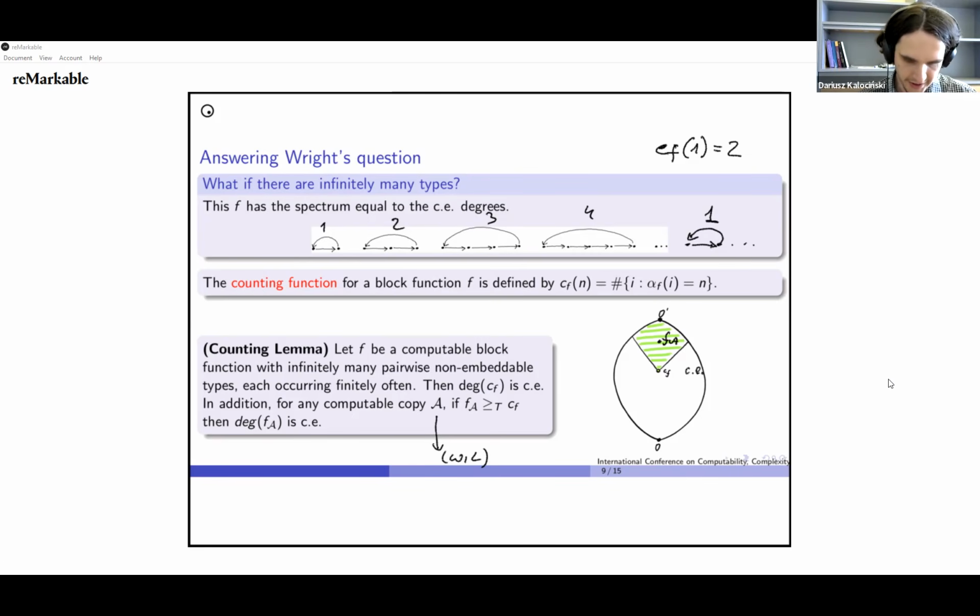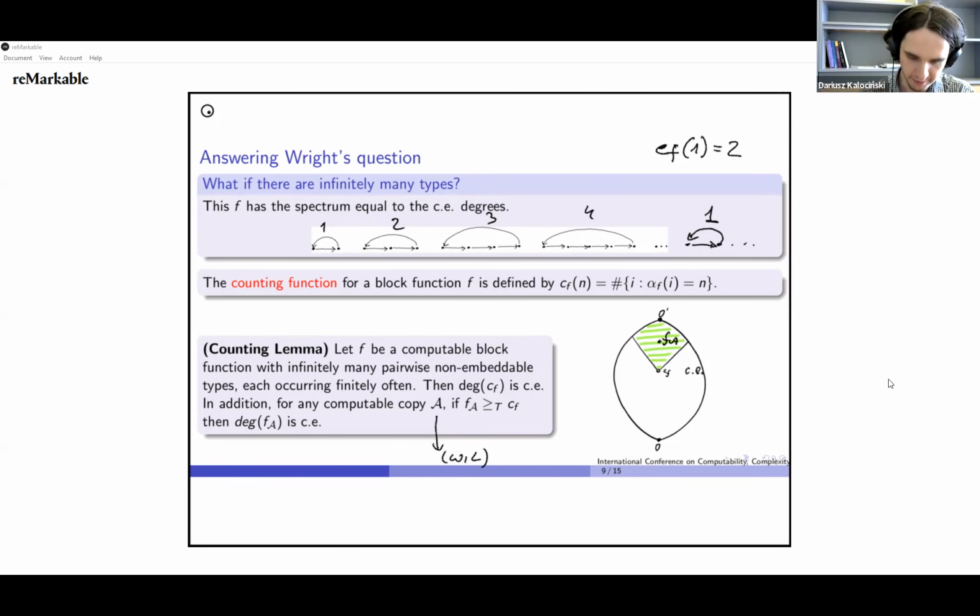So we can find types with as many occurrences as the counting function says. Because they are non-embeddable, we are sure that when we see some type, it's actually that type.